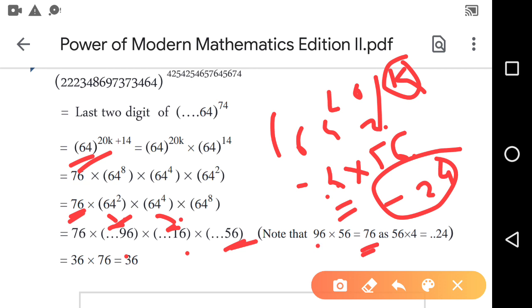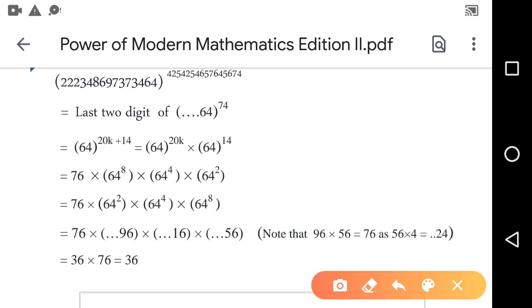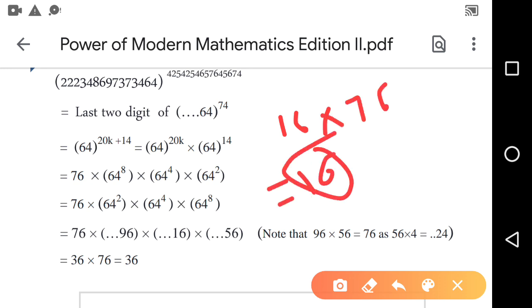So, friends, 96 into 56 is nothing but 76. So 76 into 76 also ends with 76. Now we have to multiply it by 16, friends, not 36. So 16 into 76 is also 16, and thus this is 16, friend.